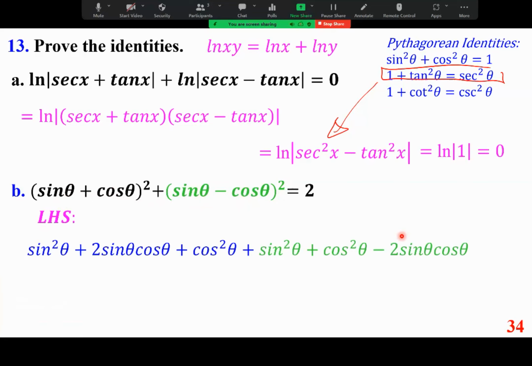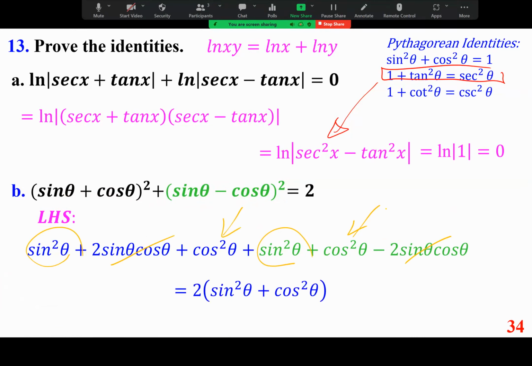And these two cancel each other. So we have two of these. So factor the 2 out. And this is 1, 2 times 1 is 2. Very simple, everybody.